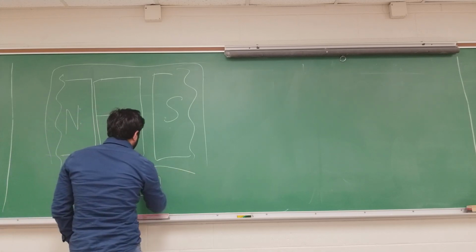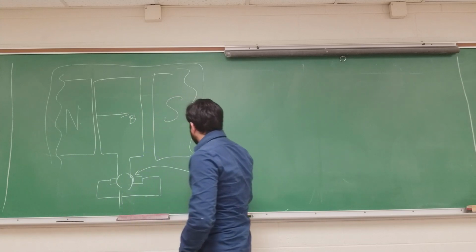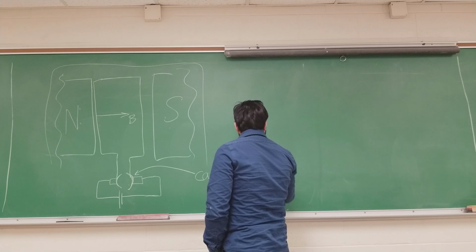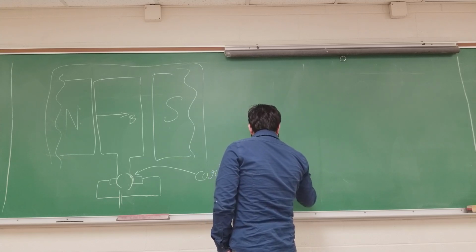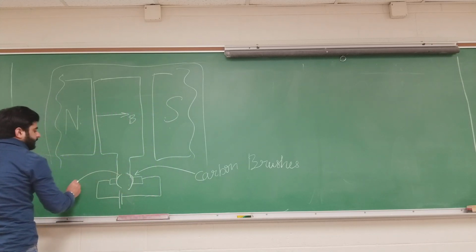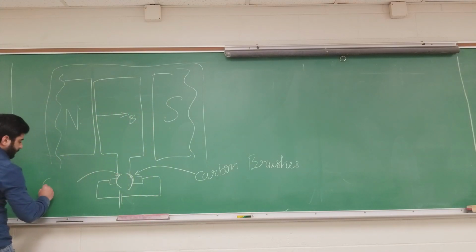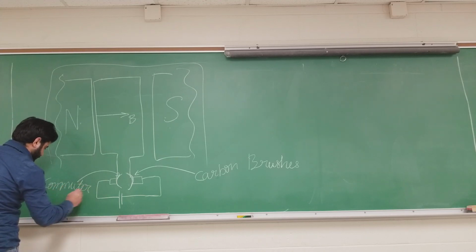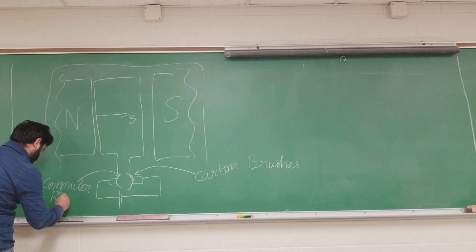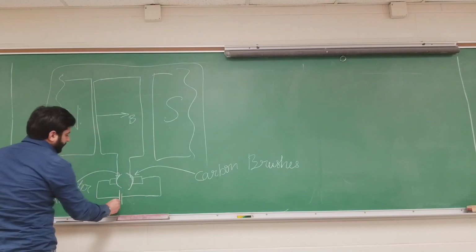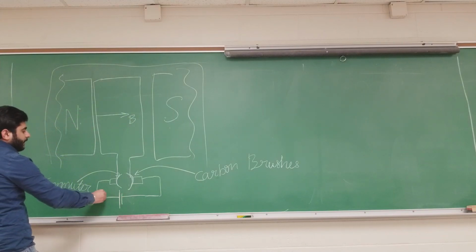These are the carbon brushes, and these are known as the commutator ring. Let's consider we are providing a positive current from this side.